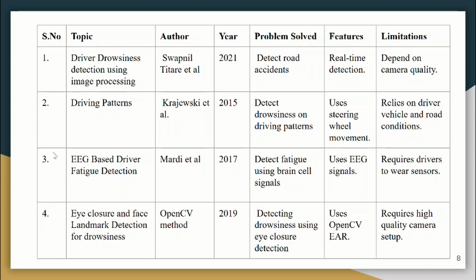Vehicle behavior methods watch lane position or steering wheel angle. They work best on highways but perform poorly in city traffic where lane markings are absent. Physiological signal approaches like EEG detect brain wave patterns with high precision but require drivers to wear uncomfortable sensors, making adoption unlikely.